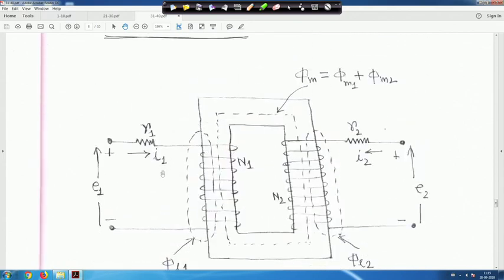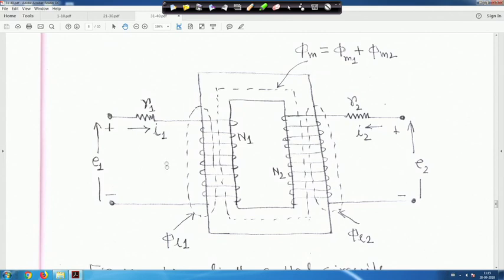Because of the current I1, most of the flux will link coil 1, and part of it will also link the other coil. So the total flux linkage of this coil, with N1 turns, is phi L1 plus phi M1, because phi L1 is the self linkage, plus phi M1, but this phi M1 also links the other coil.